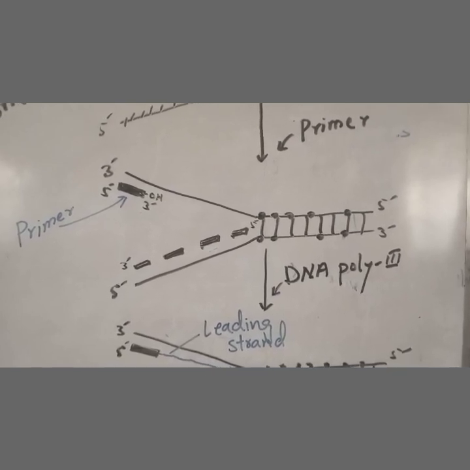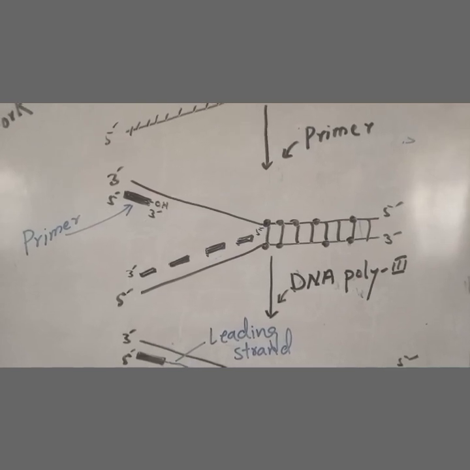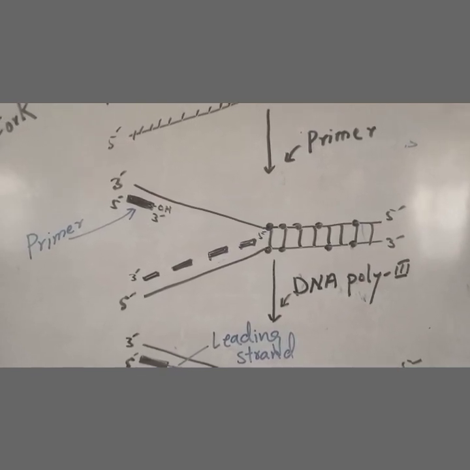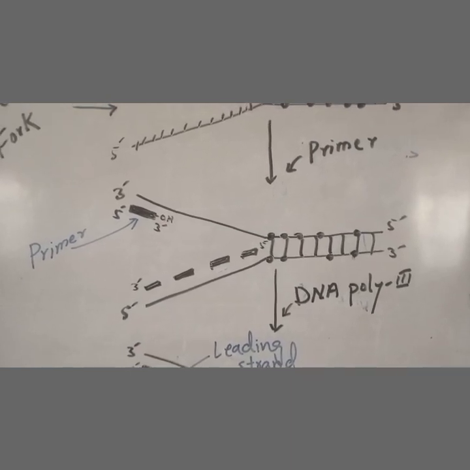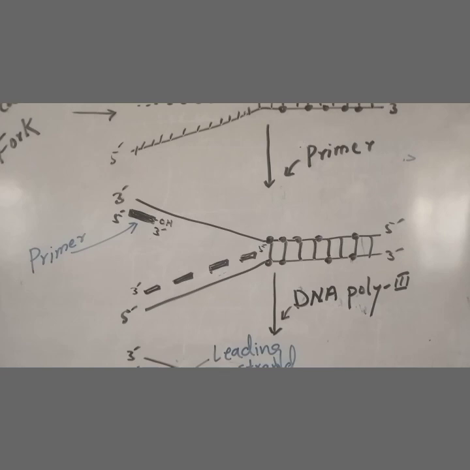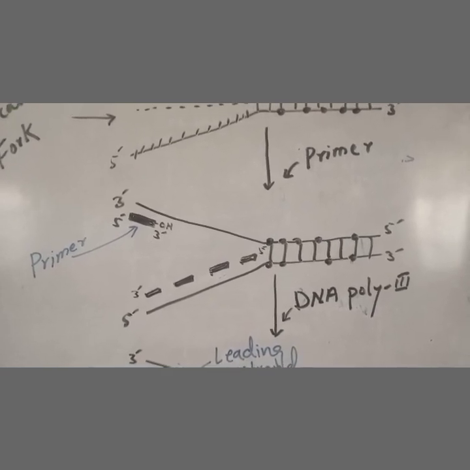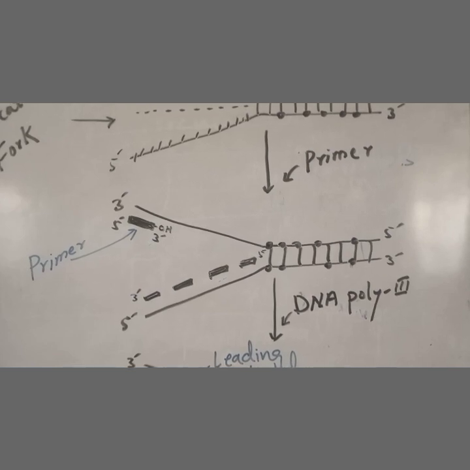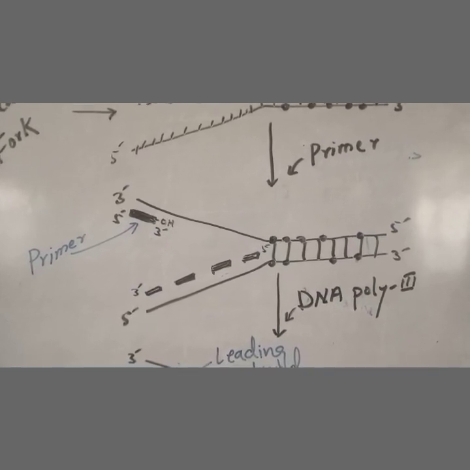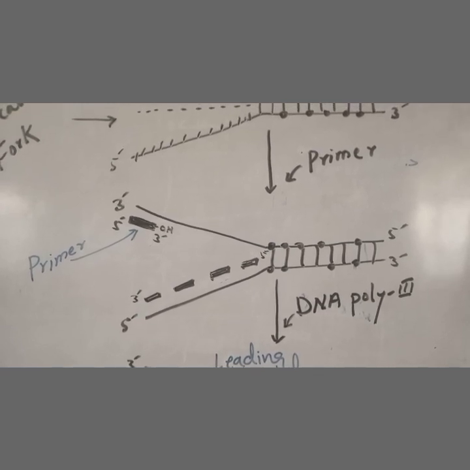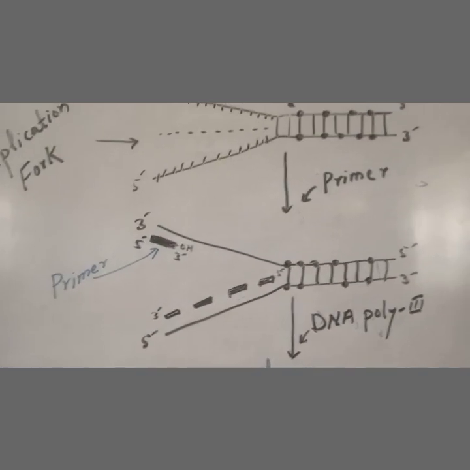This primer performs its function to initiate the polymerization process through DNA polymerase 3. It always adds nucleotides at the 3' end of the primer, so the direction of replication becomes 5' to 3'.